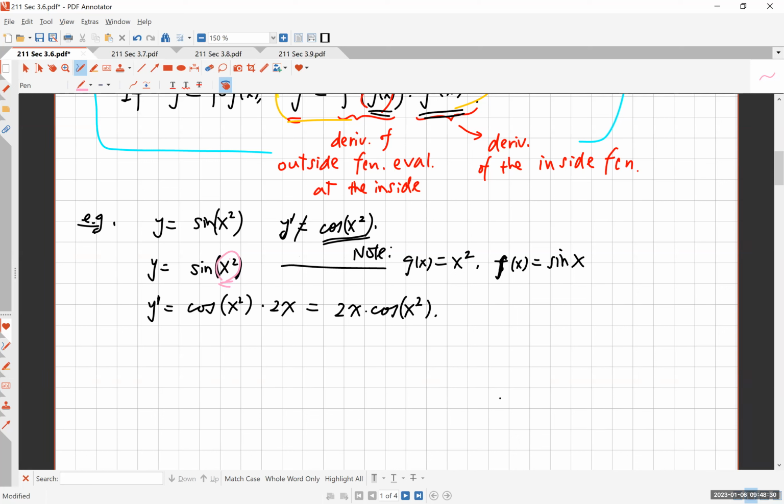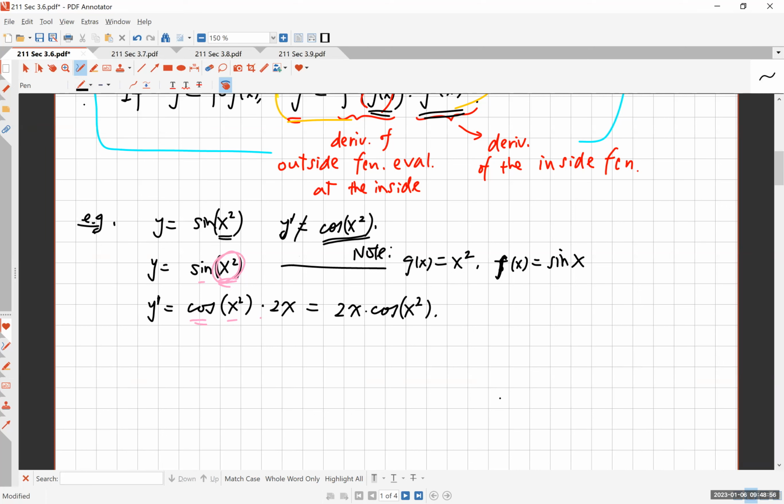You can think of this as a big fuzzy cloud. The sine of the cloud, the derivative is the cosine of the cloud times, and then you look into the cloud and take the derivative of it. When you think this way, I think it's a lot easier to understand and apply these functions. Again, here, x squared is called the inside function. The sine is called the outside function.